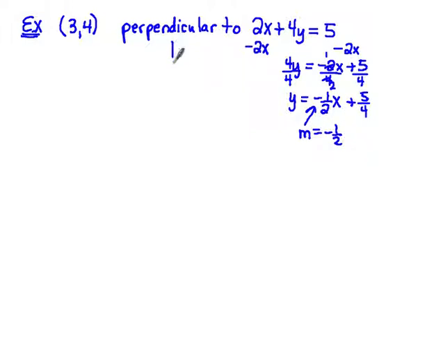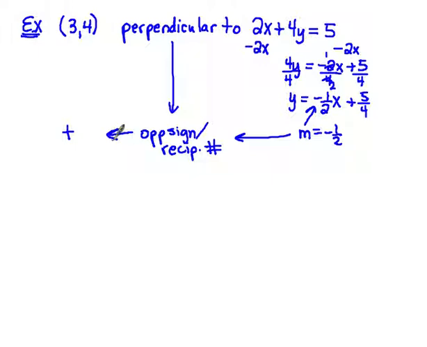Now, what do I know about perpendicular slopes? They're opposite signs and reciprocal numbers. So the opposite of negative would be positive, and the reciprocal of 1/2 would be 2/1, which would just be 2.